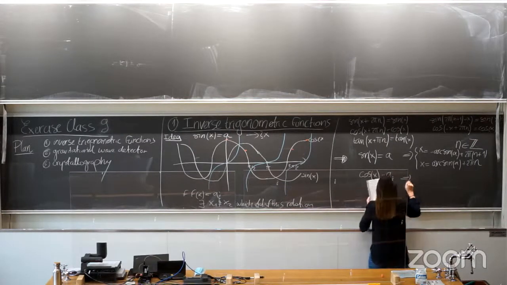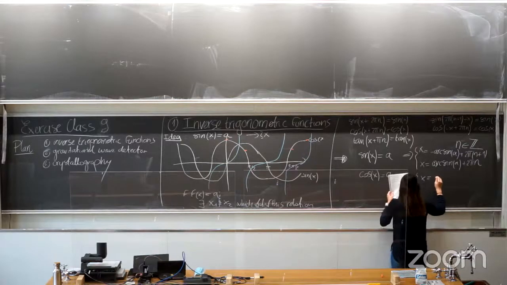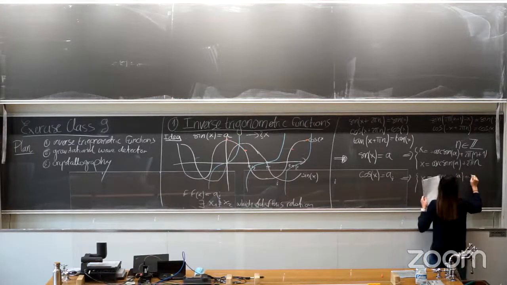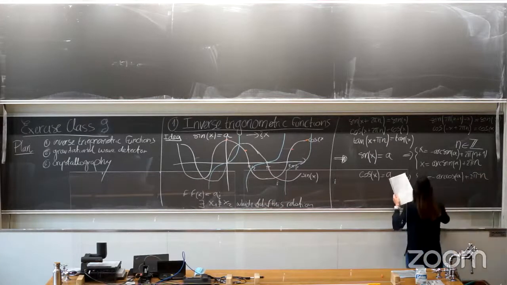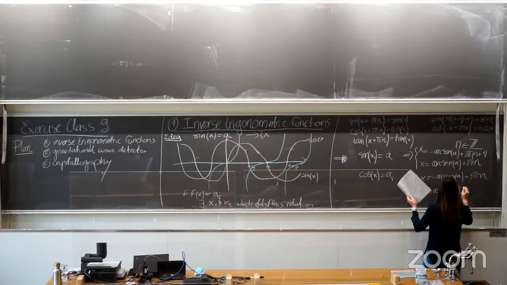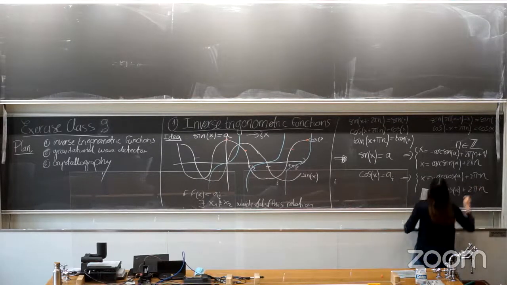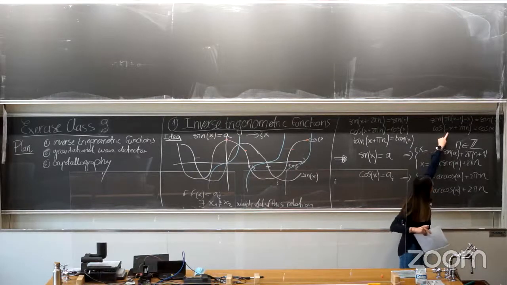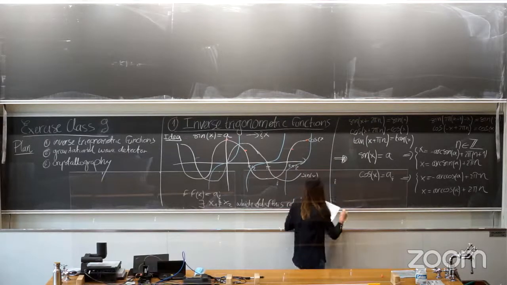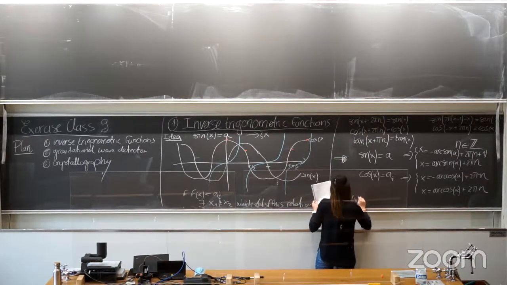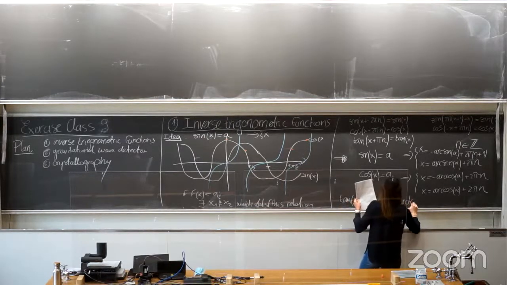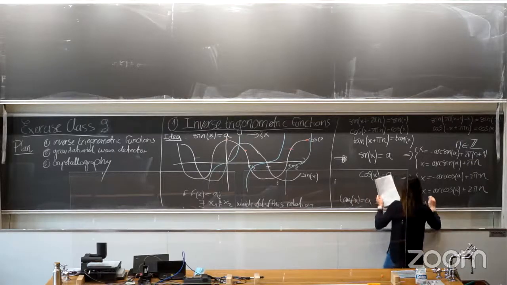Then x is equal minus arc cos a plus 2 pi n, and x is equal arc cos a plus 2 pi n. Again, this corresponds to this relation, this corresponds to this. And then we have tan x equal a, then x equals arctangent of a plus pi n.